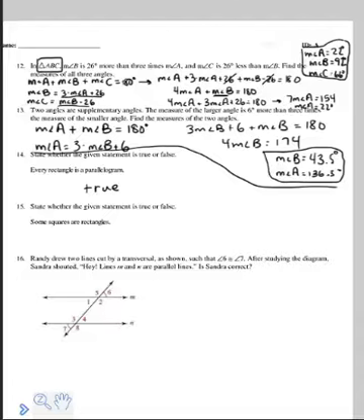That's the only requirement to be a rectangle. And a square has 4 right angles and 4 congruent sides. So the statement should read all squares are rectangles. So I'm going to say this is false. All squares are rectangles, not just some squares.